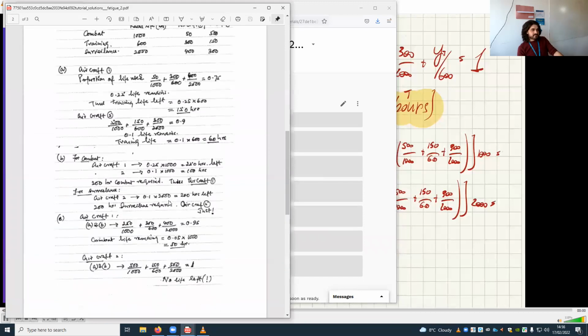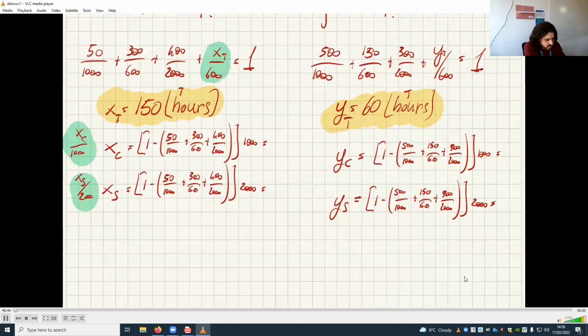Question 3, for combat, we have aircraft 1, 250 and 100. So this is 250 hours. This is 100 hours.